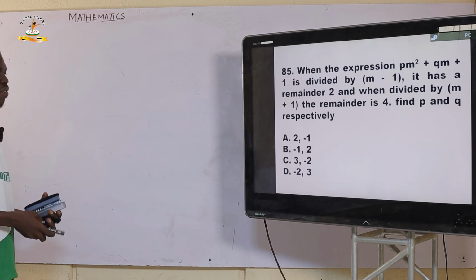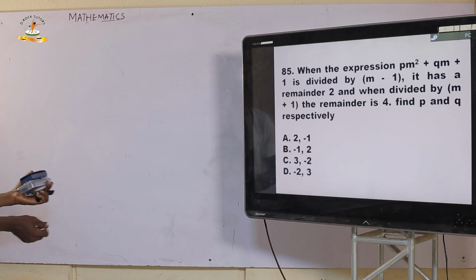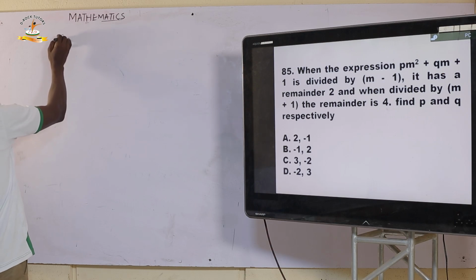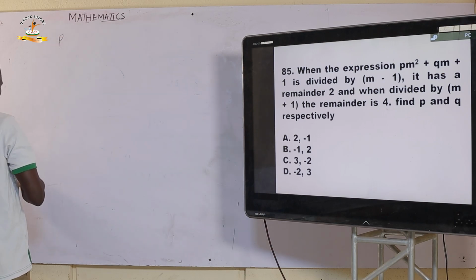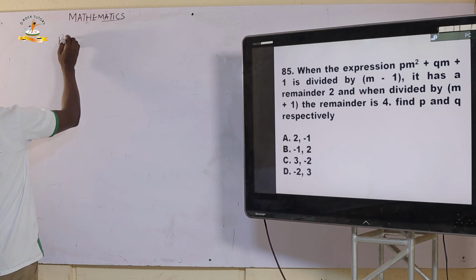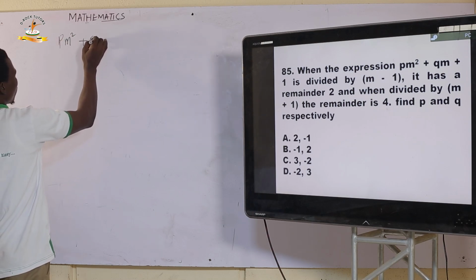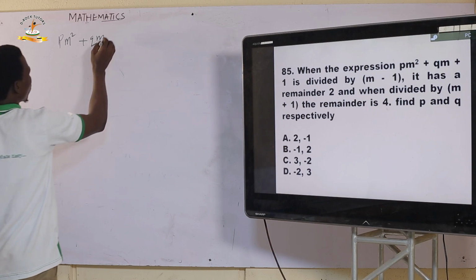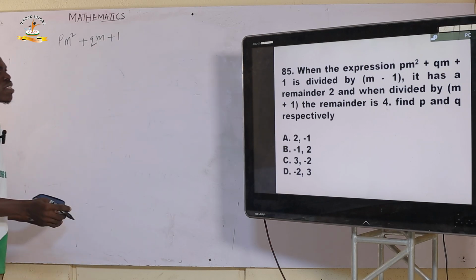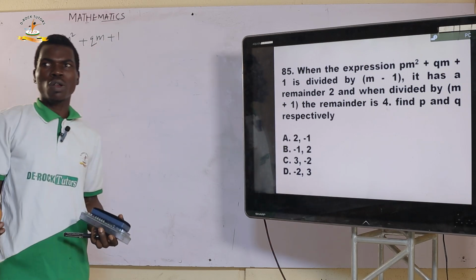So we have this expression pm squared plus qm plus 1. And when it is divided by m minus 1, what does it mean?